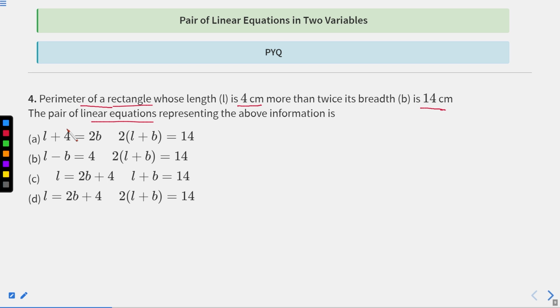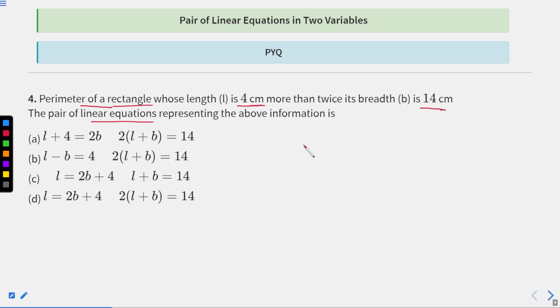Here basically we have been given a rectangle, and we have this information: the length of this rectangle is 4 centimeter more than twice its breadth. So here we will get one condition, that is length L equals 2 times breadth B plus 4.